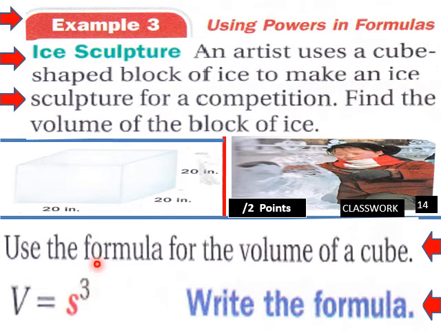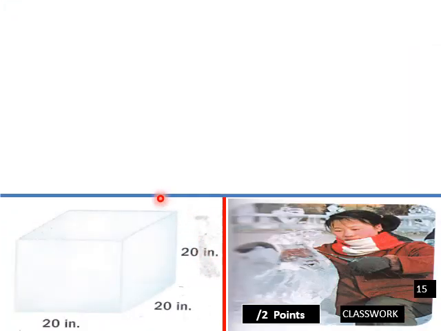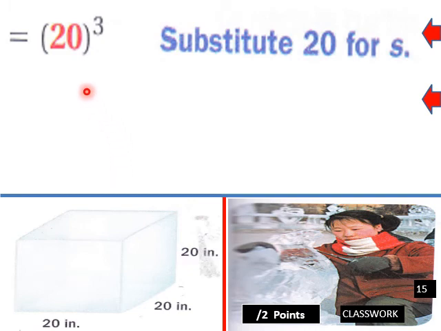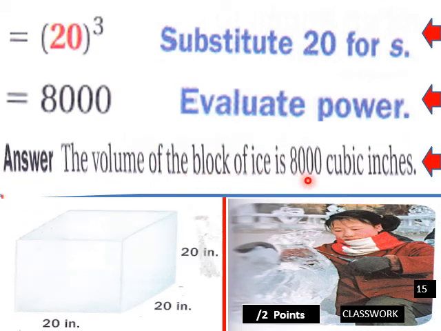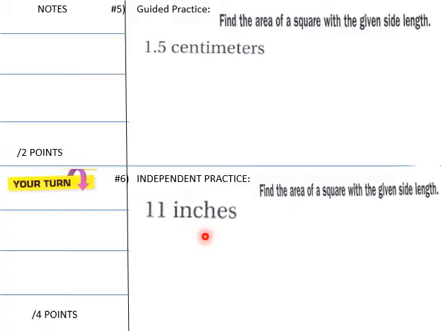Here's our formula here. So we plug in 20 there for S, so 20 cubed, substitute 20 for S. And when we do that, we get 8,000. So 20 cubed would be 8,000. So the volume of the block of ice is 8,000 cubic inches when it has these dimensions here.